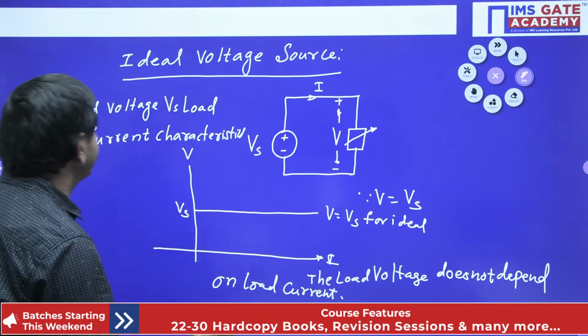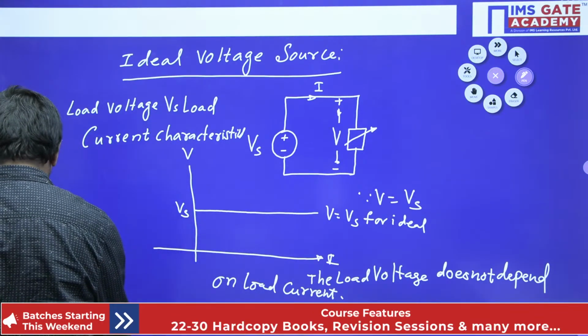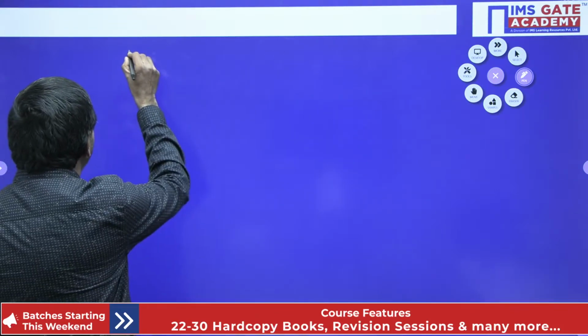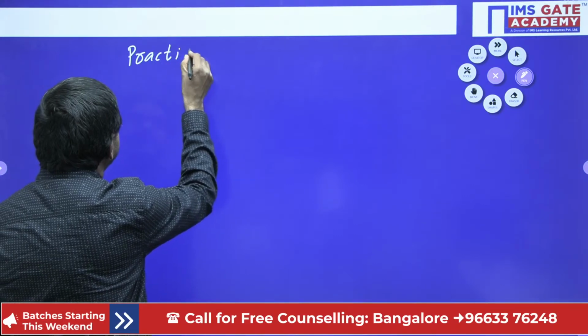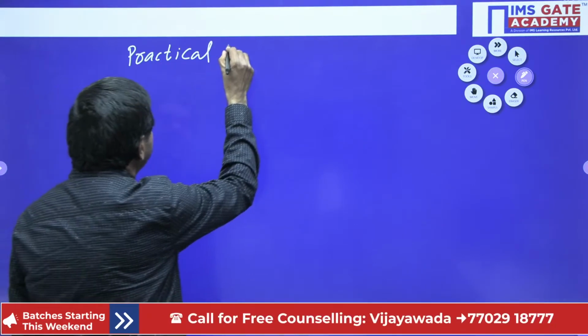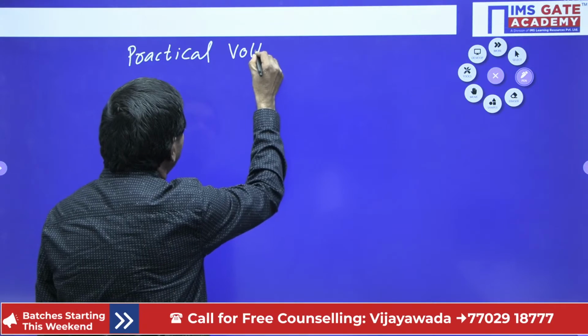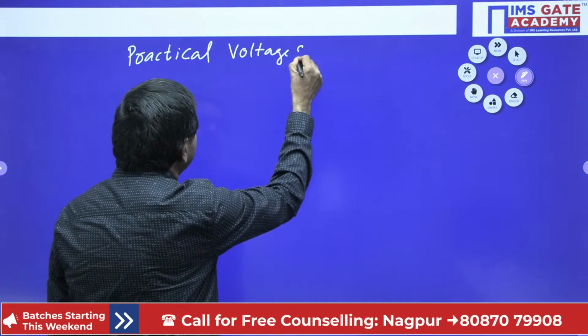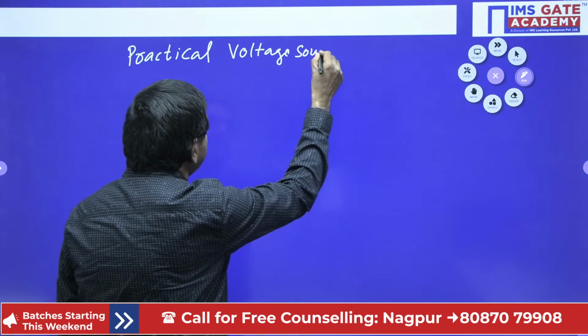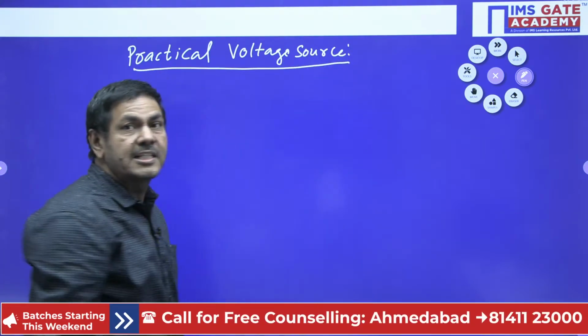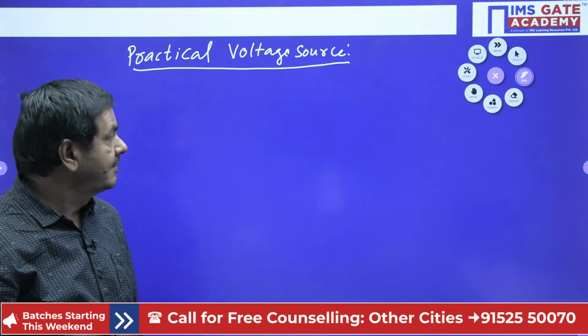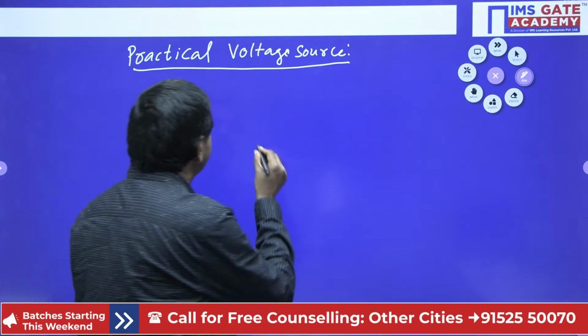But what about the practical voltage source? I will draw it here now. How is the practical voltage source to be drawn? In the practical voltage source we can draw in this way.